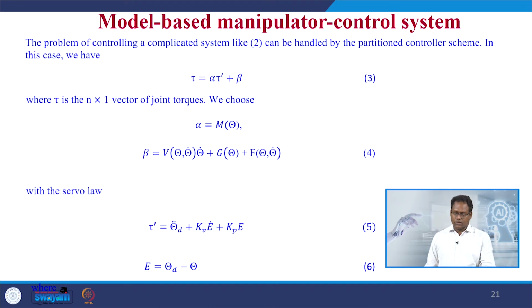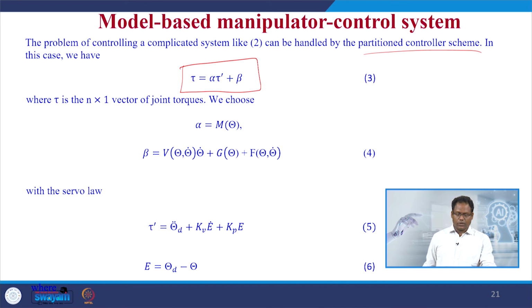The first one is we can have the partition control law for this dynamic based robot control given by tau equal to alpha tau dash plus beta. Let that be the partition control law for this case.